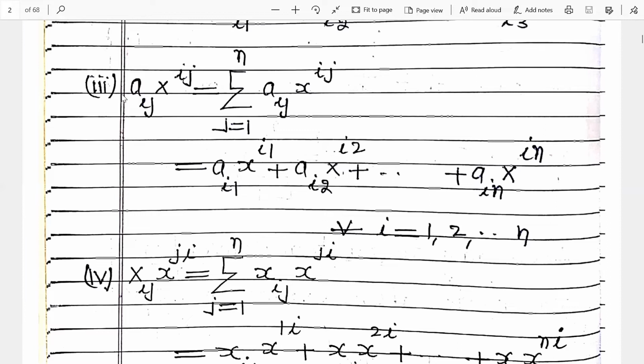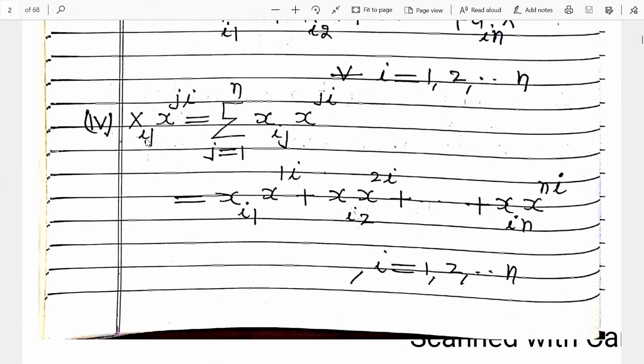So this product is basically a double summation. One is with j, second is with i. Third, same. So this is xij and xji. That is the only difference. Here it is ij, or here it is ji. So again, it has two variables i and j.